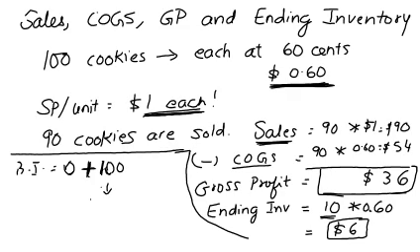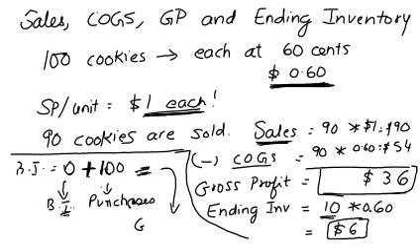This is the purchases. This is the beginning inventory. And this beginning inventory plus purchases equals the goods available for sale.